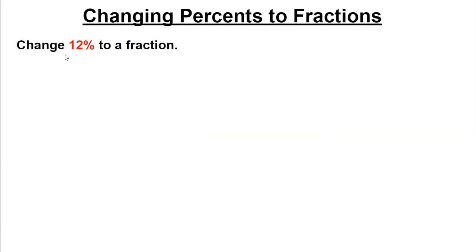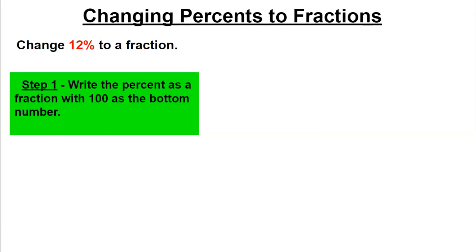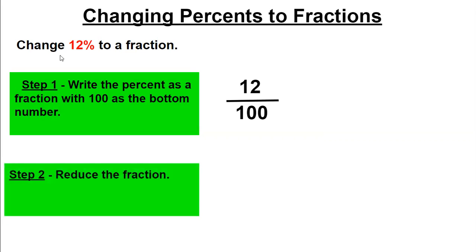Let's change 12% to a fraction. So step 1, write the percent as a fraction with 100 as the bottom number. 12 over 100. Step 2, reduce the fraction. So I'm going to reduce 12 over 100. I can divide by at least a 2, but I bet I could divide by a 4, right? So let's divide by the greatest common factor of 4.